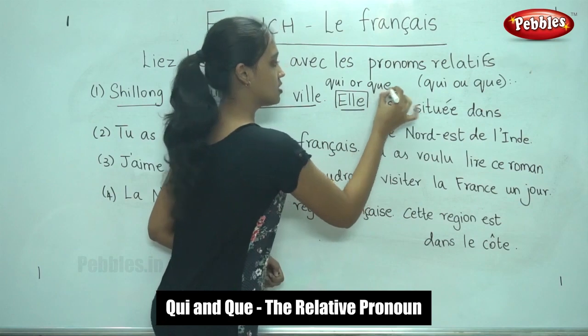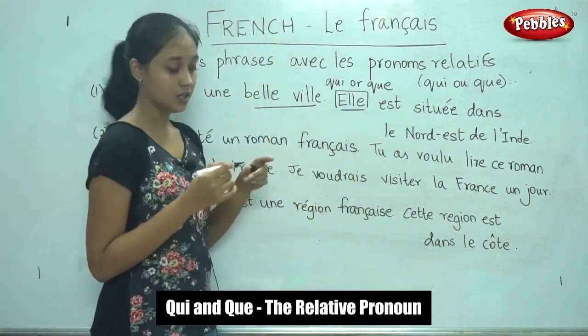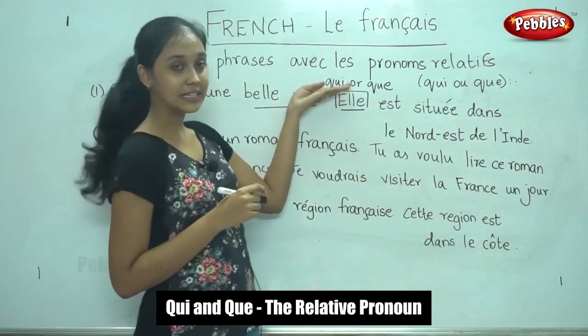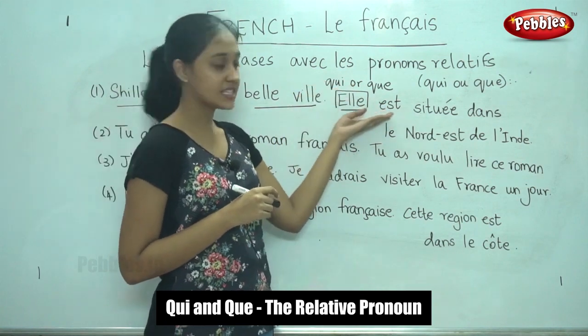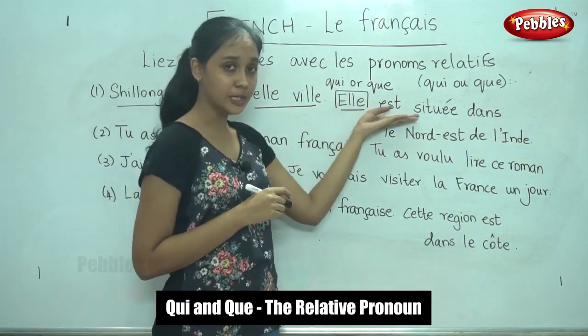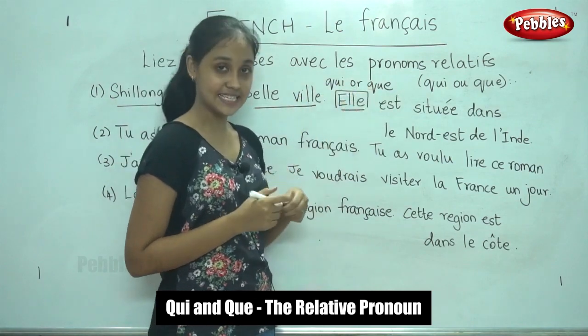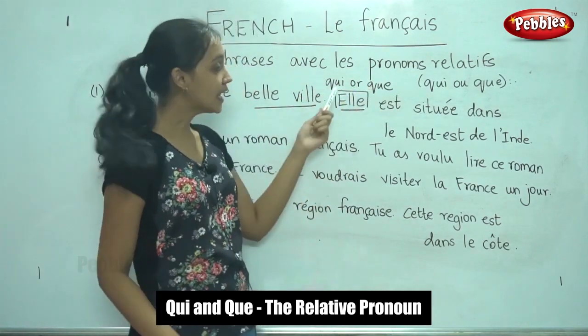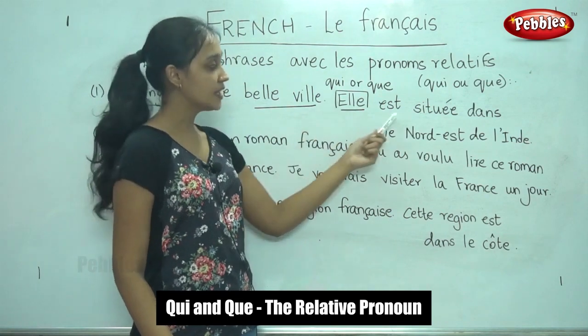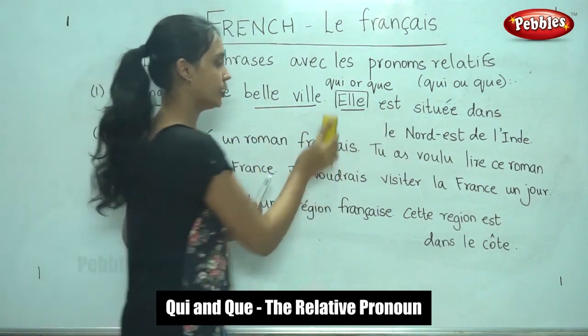Okay? Which. Now, do you remember what I told you? If it is followed by a verb, will you write qui or que? Yes, it is qui. Why are we writing qui? Because it is followed by a verb.